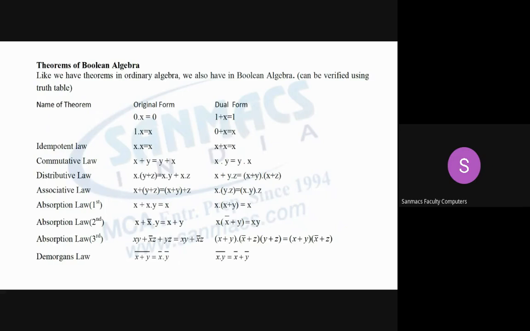Now here are the main theorems that are important for Boolean algebra. These are mainly used to simplify the given Boolean expression, and each of the expressions can be verified using the truth table. So here we have 0.x, which gives us 0.